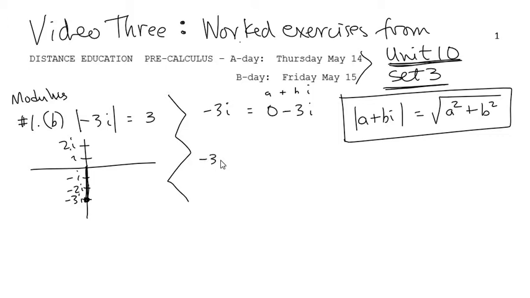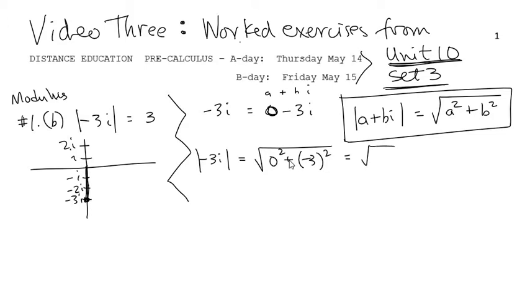So in the case of minus 3i, we can say that the modulus is the square root of 0 squared, because 0 is the value for a there, plus negative 3 squared. Negative 3 is the value for b.